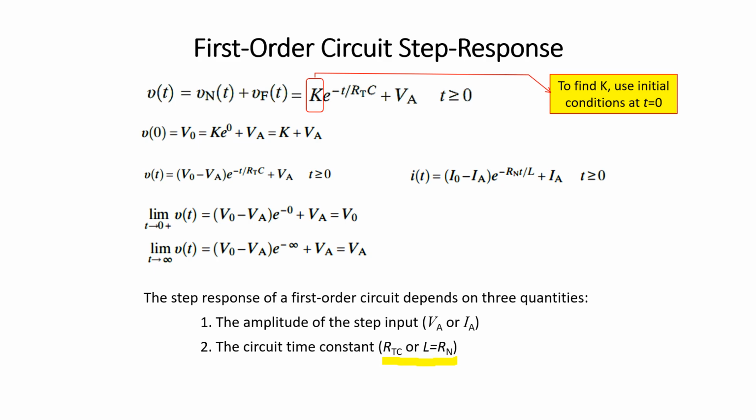I wanted to write R times C, and L divided by R, L over R and RC. It also depends on the state variable's initial value. So three things: the initial value of the state variable V naught, the excitation, and the time constant.